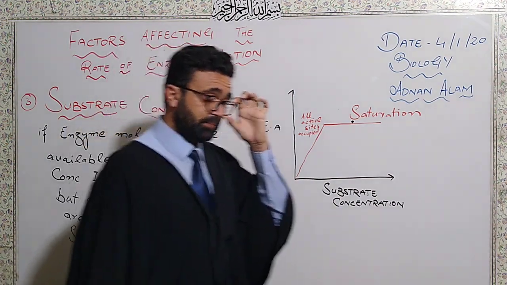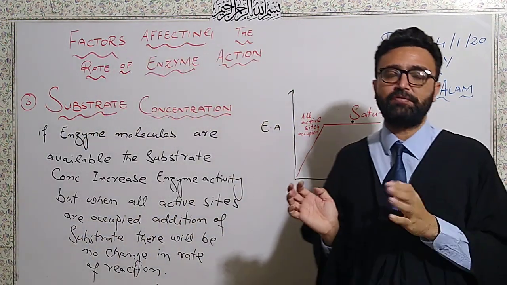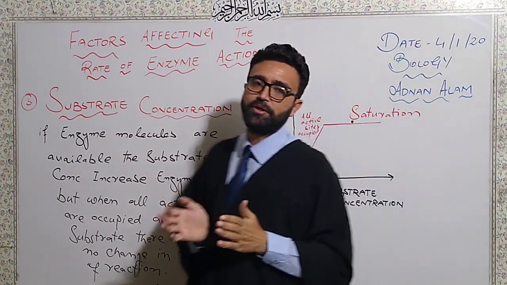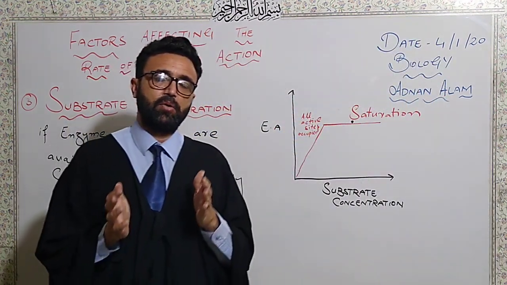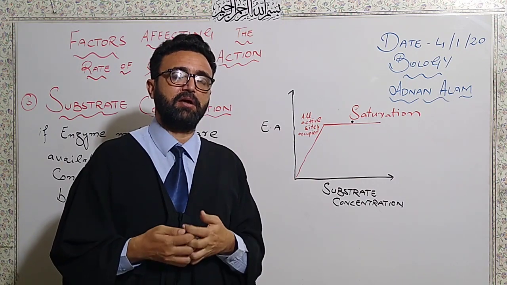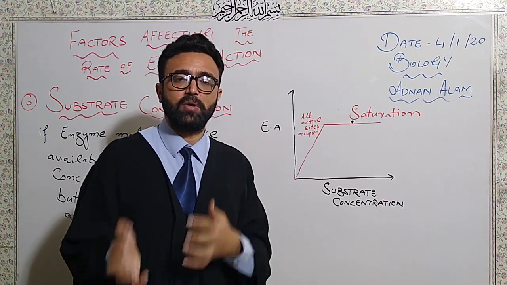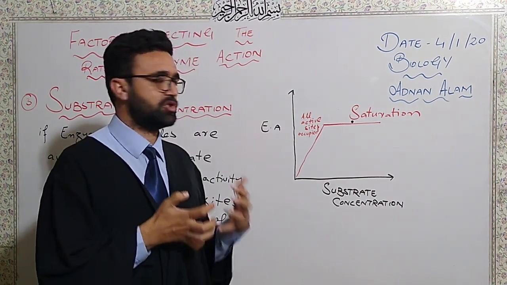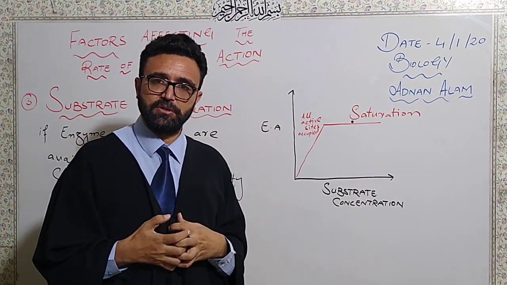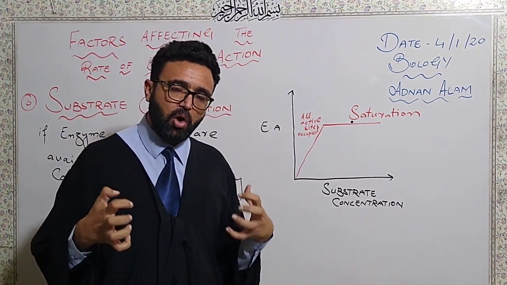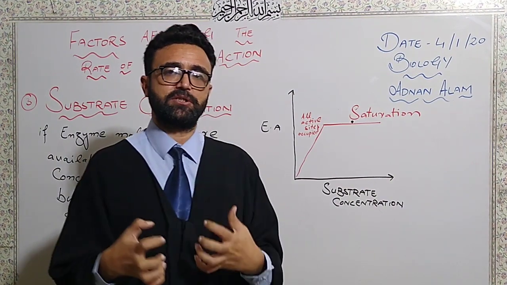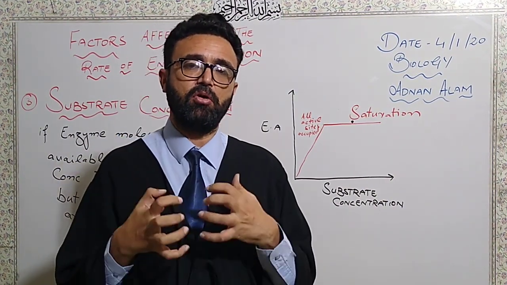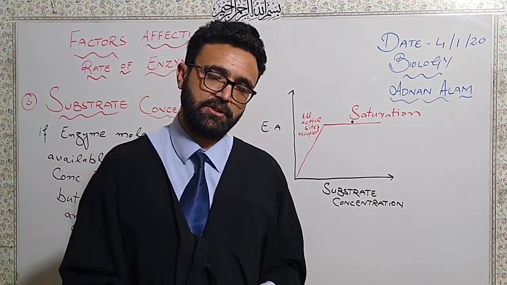Dear students, these are the three factors included in your syllabus which affect the rate of enzymatic activity. First was temperature, then pH, and now substrate. So these are all factors affecting the rate of enzymatic activity.